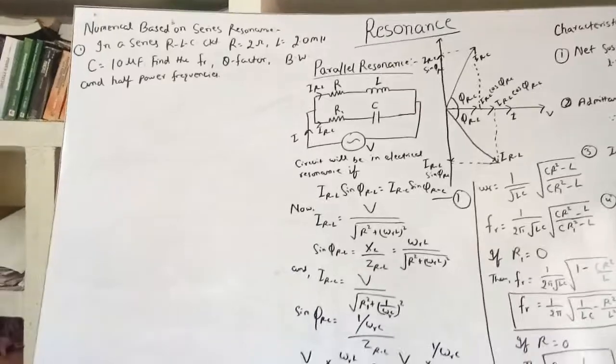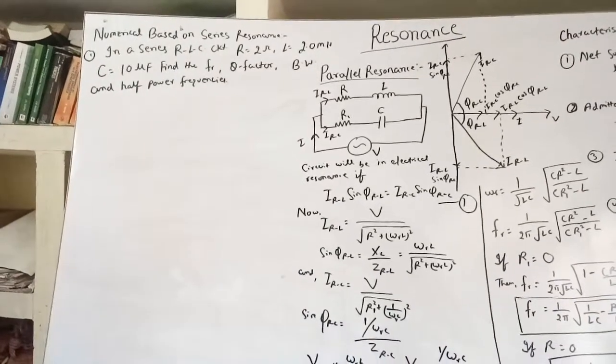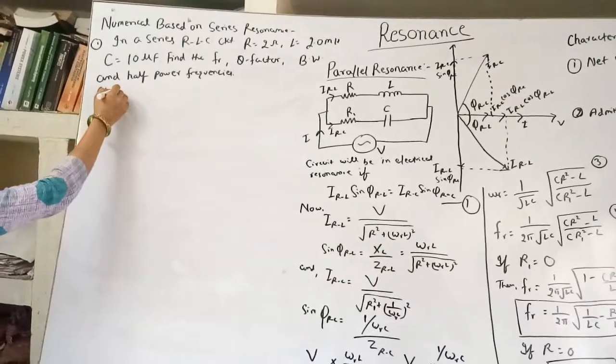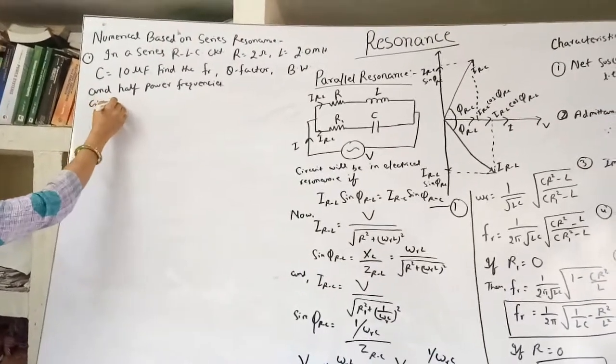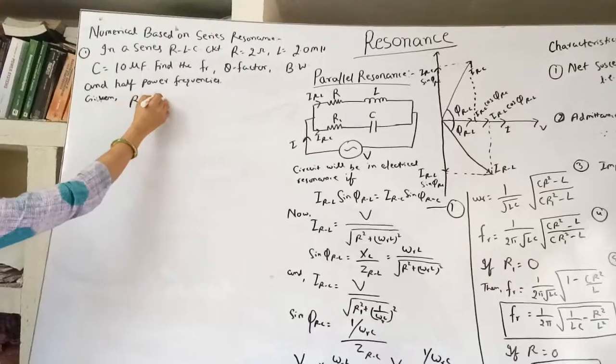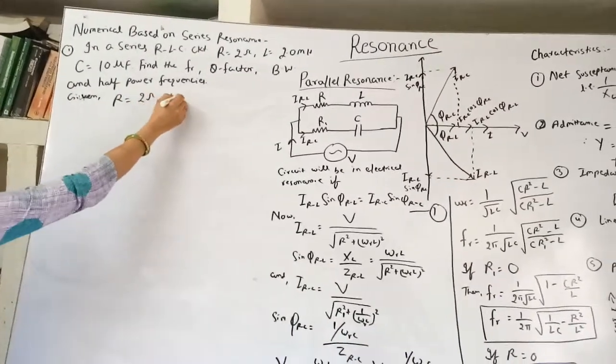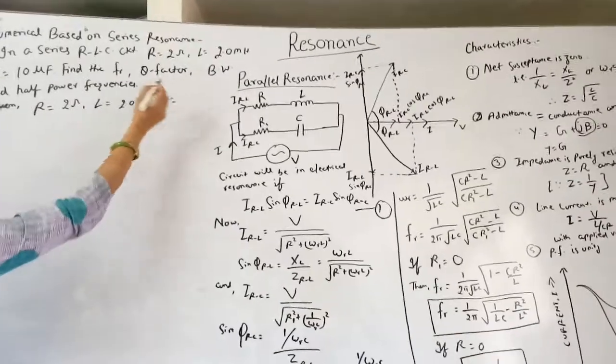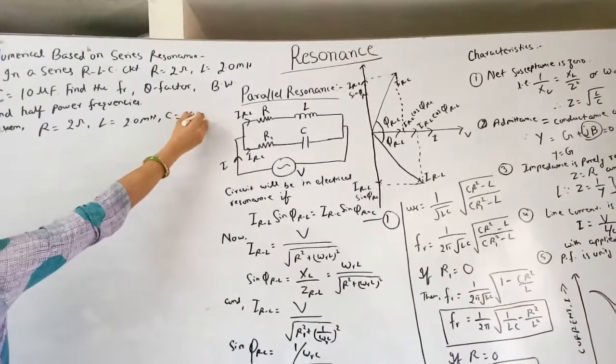In the previous lecture we have derived all the formulas. So, first of all write down the given values. That is R equals 2 ohm, L equals 2.0 millihenry and C equals 10 microfarad.